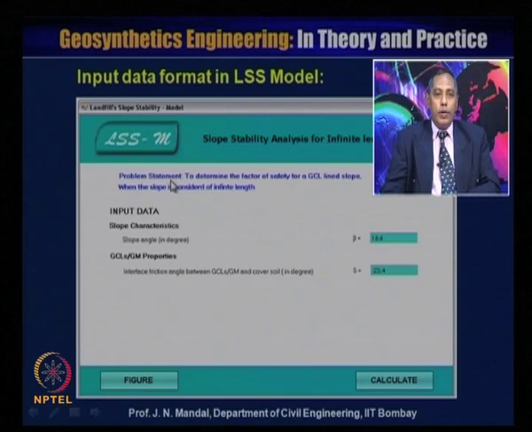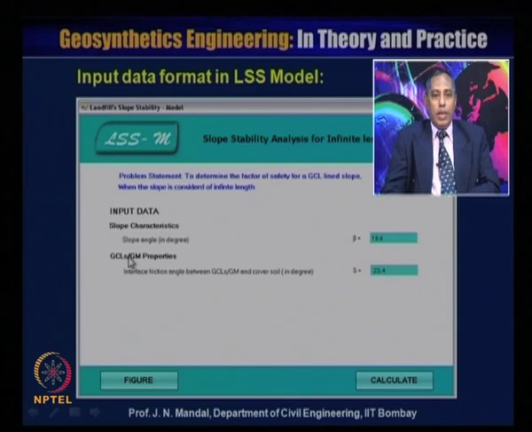Now, what will be the input data? The input data will be the slope characteristics, that means the slope angle in degrees. Here slope angle beta in degrees will be equal to 18.4.